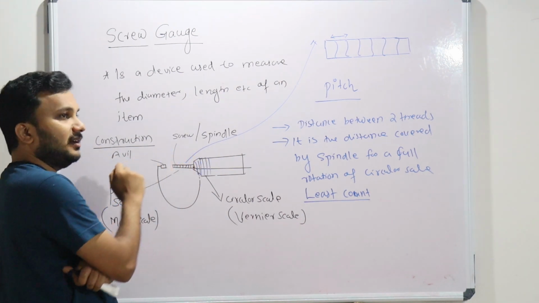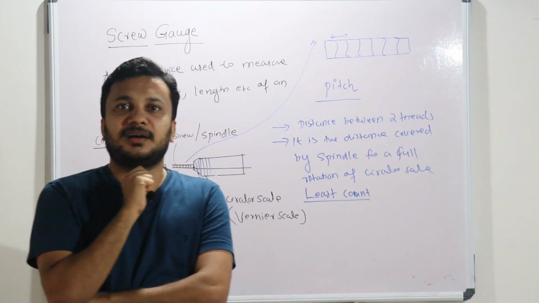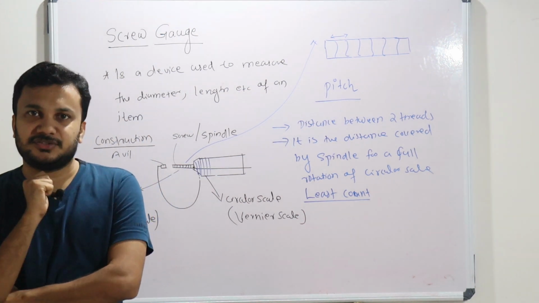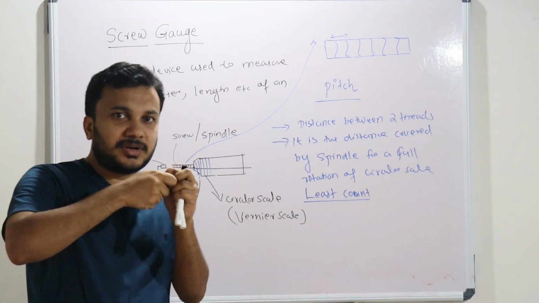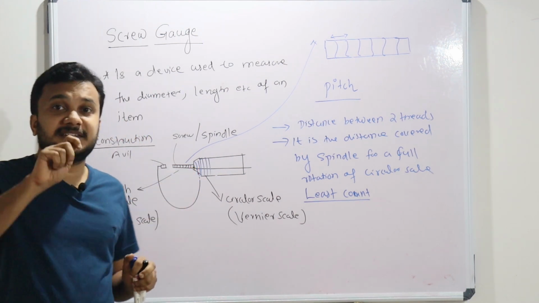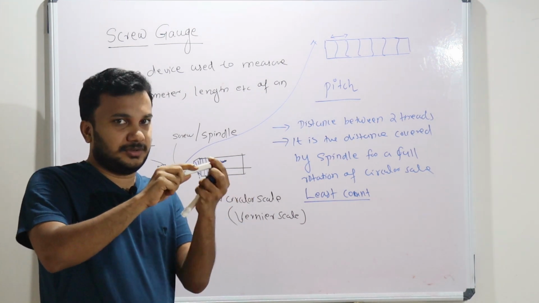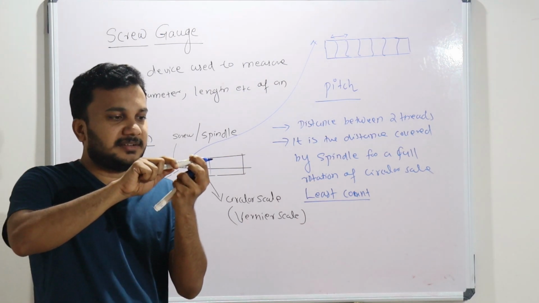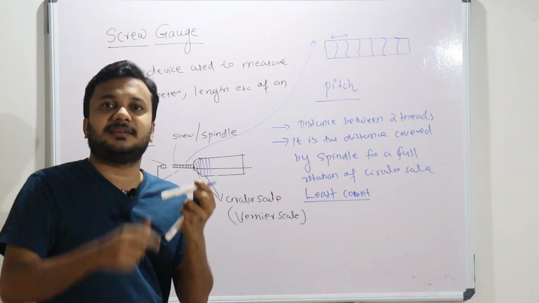This year you will get a chance to see these screw gauges in your lab. If you get a chance, just explore it. There is the circular scale of the screw gauge. If you turn it, it contains 100 divisions. Suppose this is your circular scale, and when you turn it, it goes tick tick tick tick, like that.